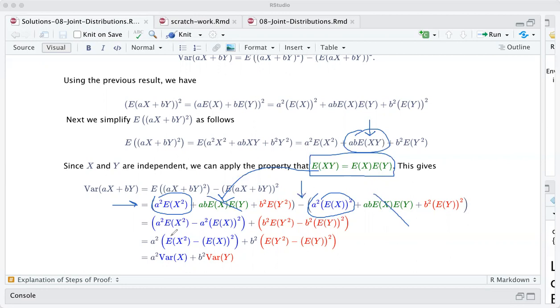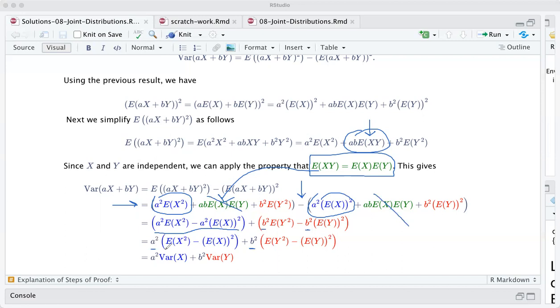What's left is a term over here that has a squared times E of x squared minus a squared times E of x squared. I can pull an a squared out from both of those terms, and a b squared out from each of the terms in the second sum.